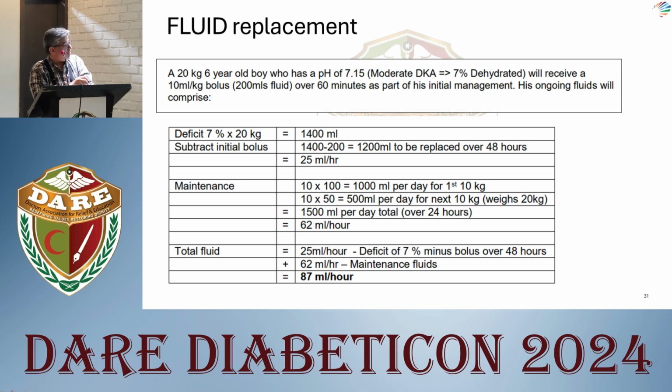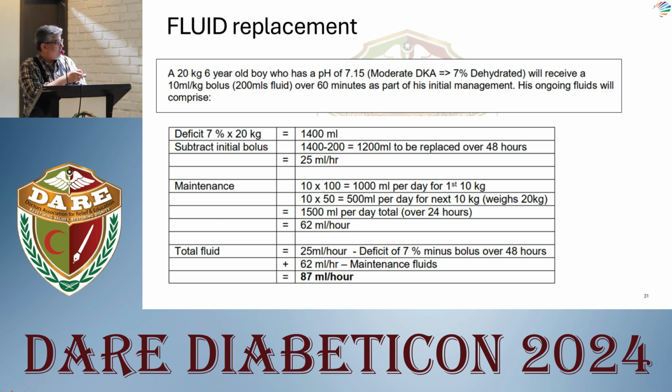For 7%, you calculate 7 into 20 and add one more zero, so 1400 ml. This is your fluid deficit. Remember, deficit is always given over 48 hours. As per ISPAD, whatever bolus you gave, you have to remove it. So out of 1400 ml, the 200 ml is removed, and you are going to give 1200 ml over 48 hours.